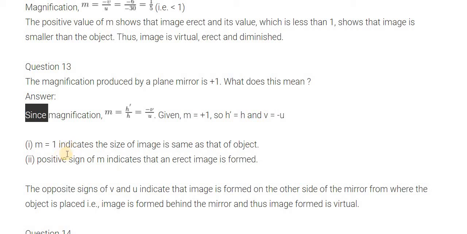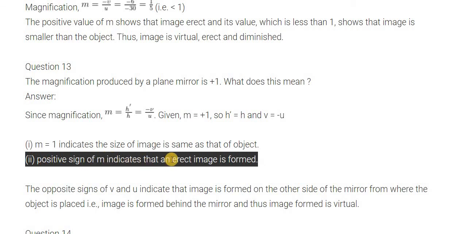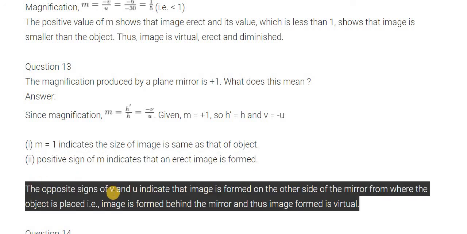Here m is equal to 1 indicates that the size of the image is the same as the size of the object, and the positive sign of m indicates that the image nature is erect. And the opposite sign of v and u indicates that the image is formed on the other side.